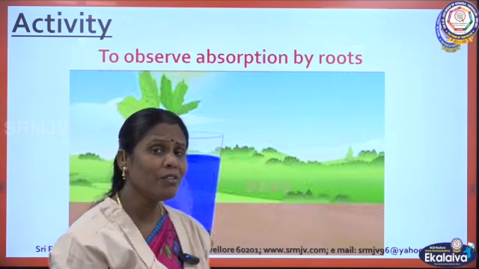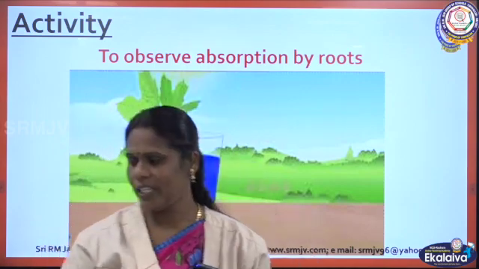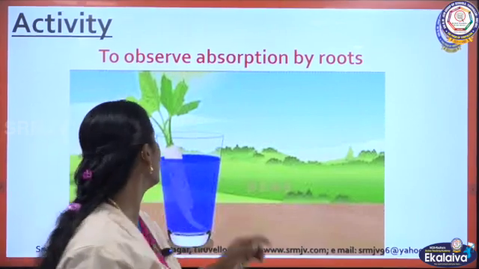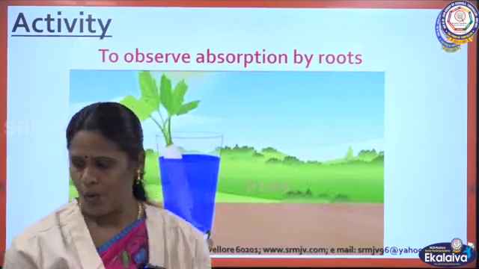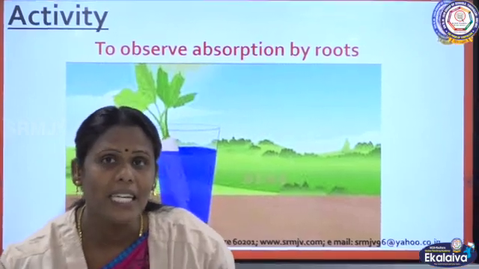Next, we are going to discuss an activity to observe absorption by root. What are the materials needed? A glass of water, ink, and a radish, right?